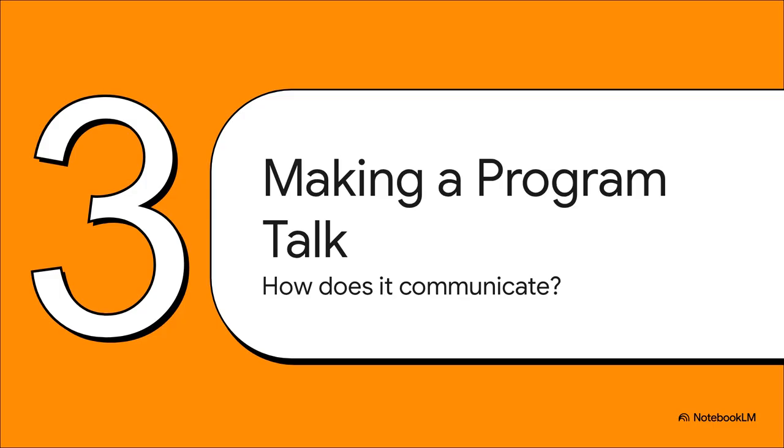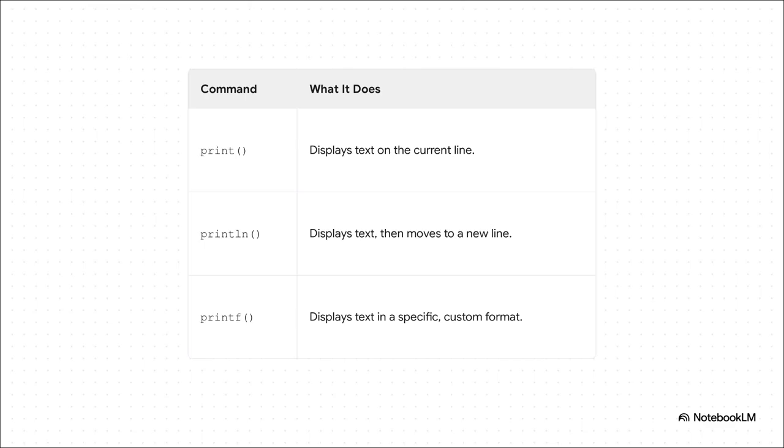Okay, great. So we've designed a blueprint, we've created actual objects, they're sitting there in the computer's memory, but so what? If we can't see what's happening, it's not very useful. How does our program actually talk to us? How does it tell us the area of that circle it calculated? For that, we use what's called standard output. You've probably seen println before. The ln just means line, so it prints whatever you want and then hops down to a new line.